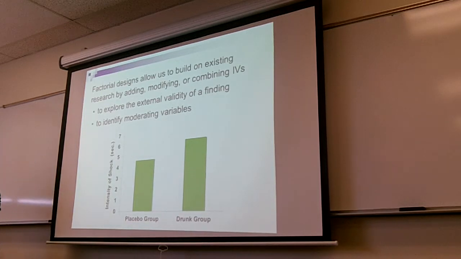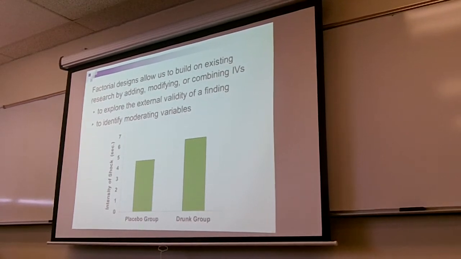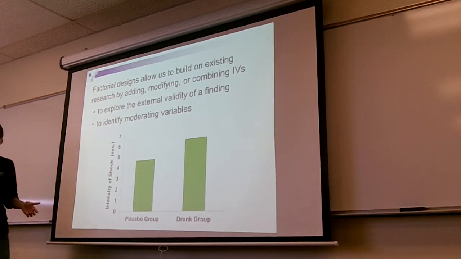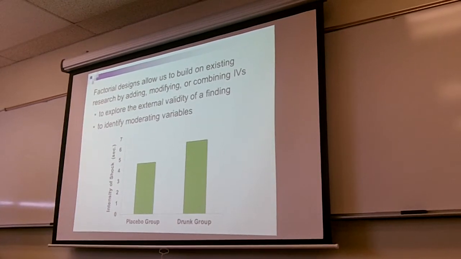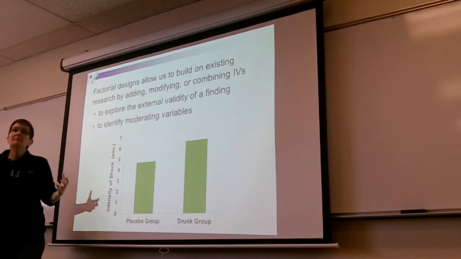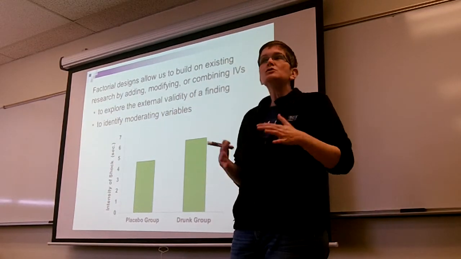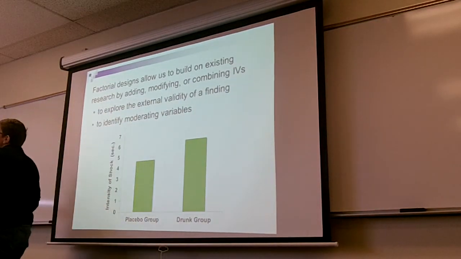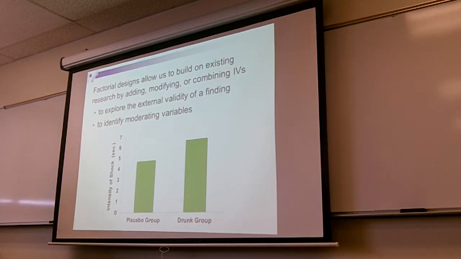So factorial designs allow us to systematically address the challenges of different types of single factor designs. They also allow us to build on existing research. So say I have a study that involves a single factor. I can add another factor or modify the factor that they used, or combine factors from multiple studies that address similar problems and use these new formations to expand our understanding of how those IVs impact behavior.